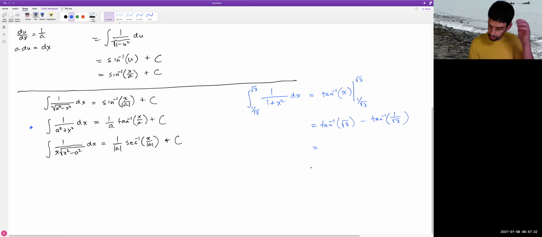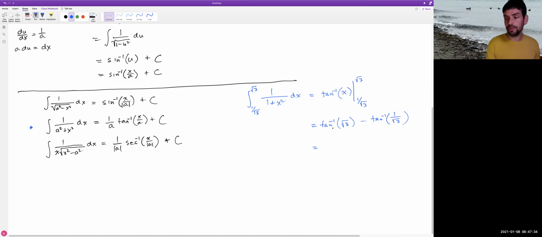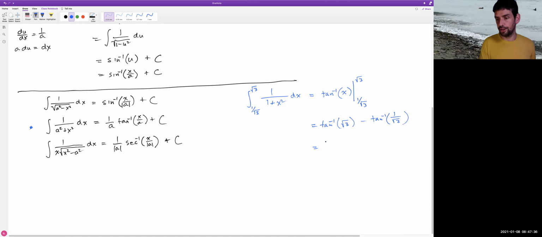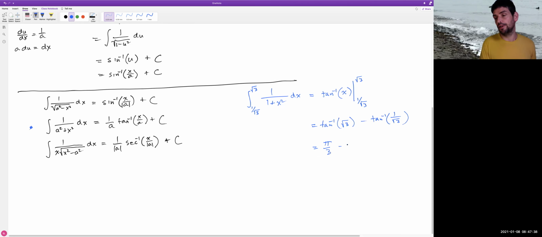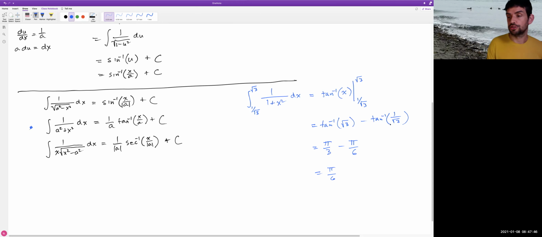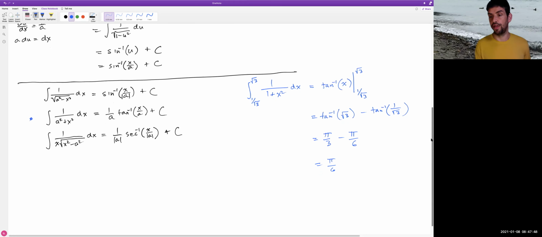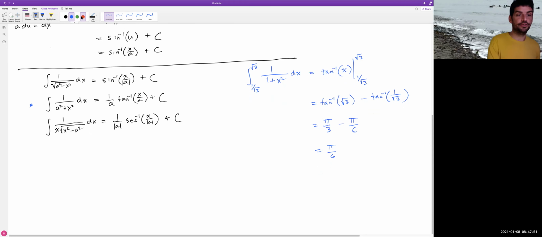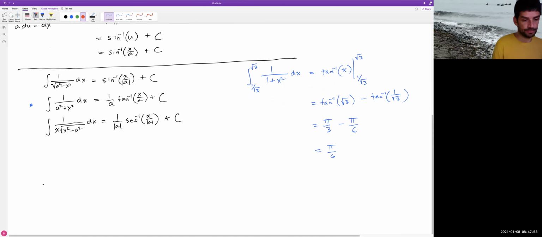If you remember your unit circle, this one is pi over 3 minus pi over 6, which is going to just be pi over 6. Okay, so just a simple application of that rule. Let's do one more example.